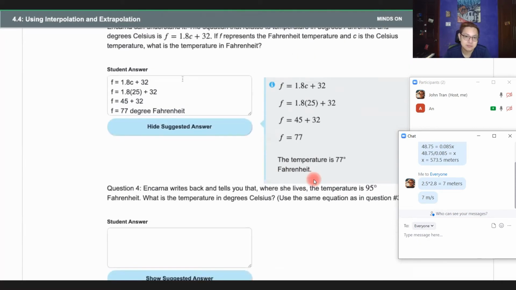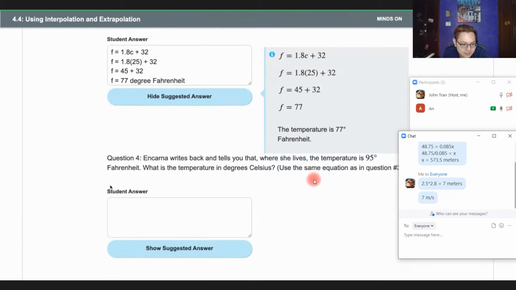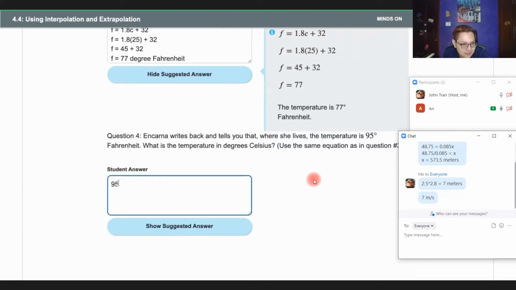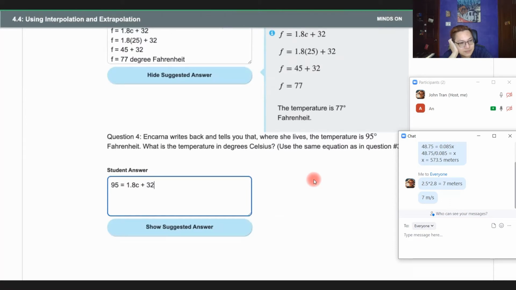So F is equal to 95. 95 equals 1.8 C plus 32. Move the 32 over, so you get 95 minus 32 equal to 1.8 C.